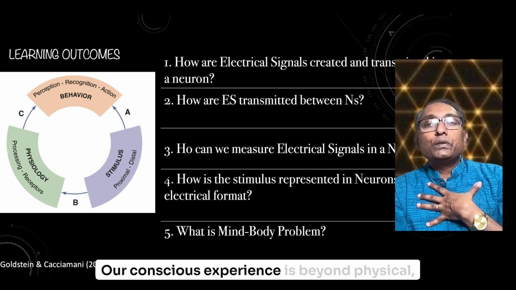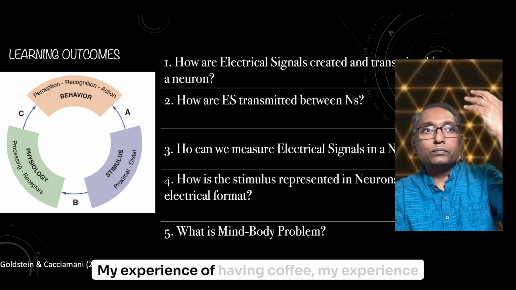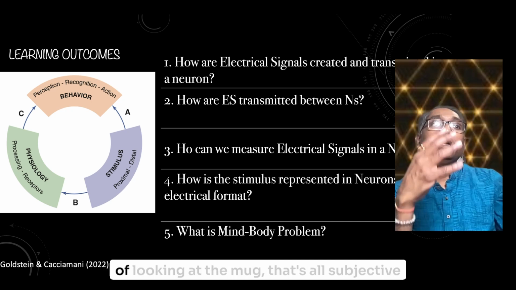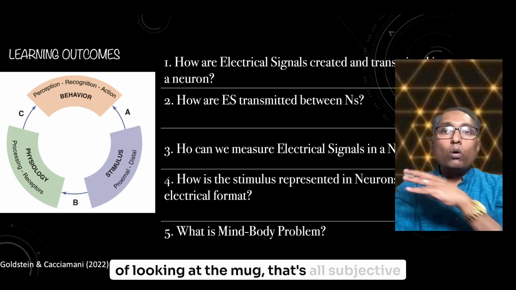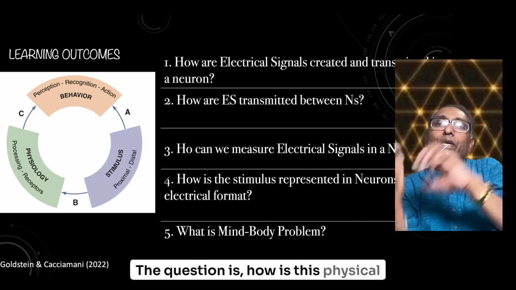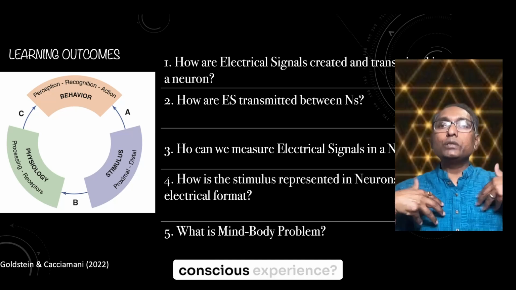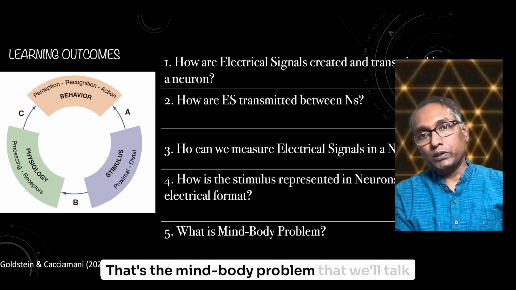Our conscious experience is beyond physical. My experience of having coffee, my experience of looking at the mug, that's all subjective experience. The question is, how is this physical electrical signal resulting in our conscious experience? That's the mind body problem that we'll talk about.